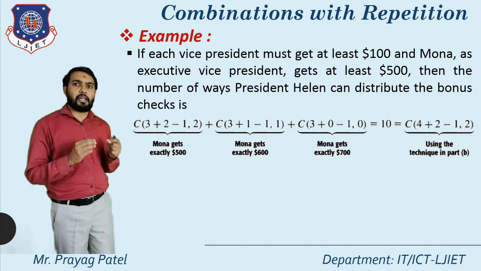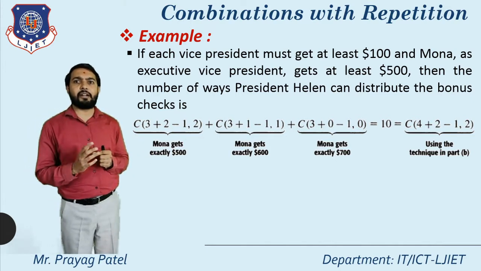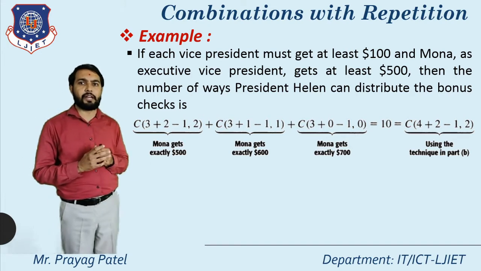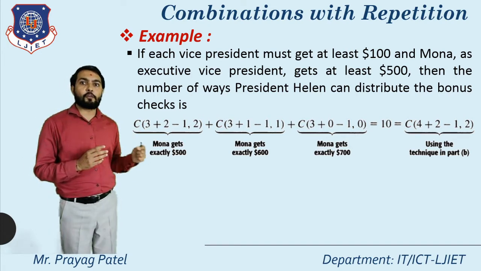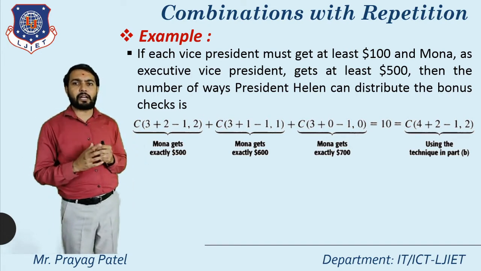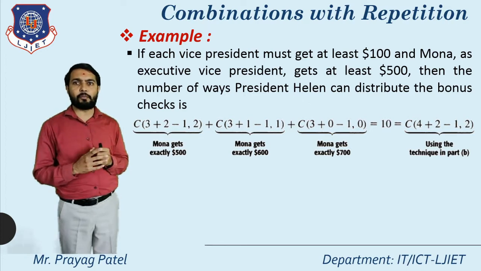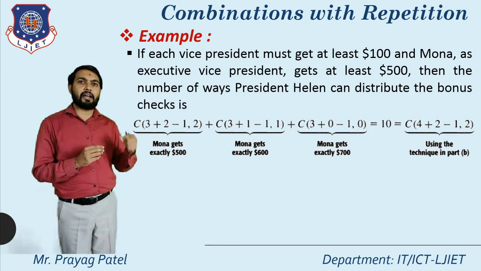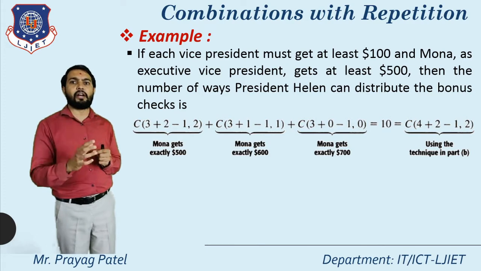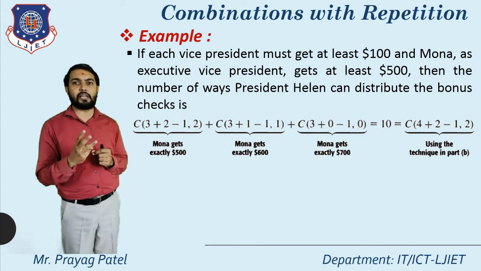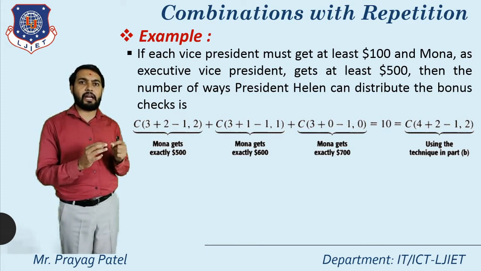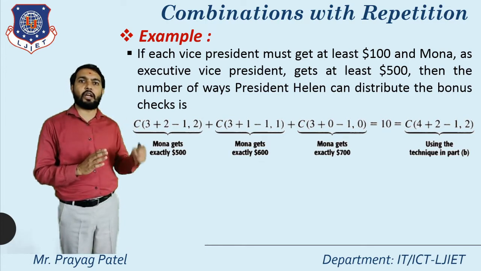Now consider the first case. If Mona gets exactly $500, then what are the combinations? Mona gets 500, so 500 is removed from the 1000. Now each and every other person gets exactly 100. That means the remaining 3 get 100 each, that means 300 is subtracted, so 8 checks are already distributed from the 10 checks.